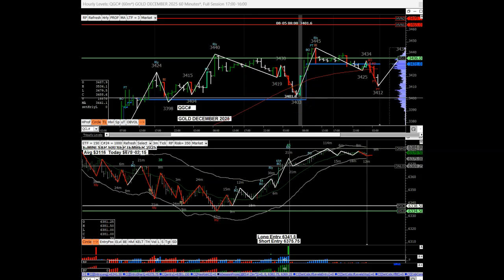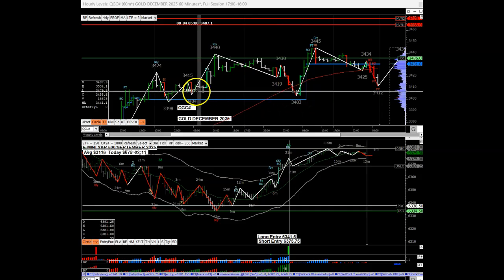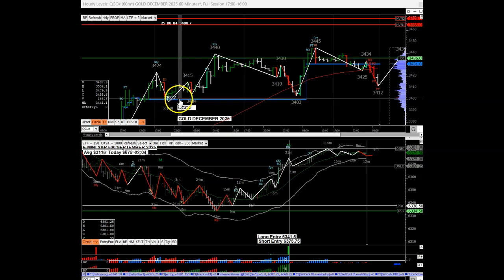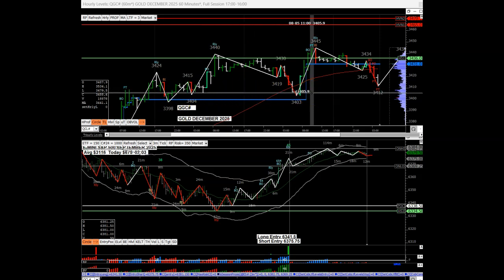Where is it going to go when it comes back down? It's going to go back to the accumulation area. Which level do I look at? That's when you start using these indicators and tools to fine tune where it's going to go.